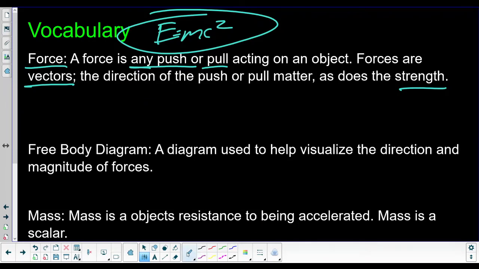As an aside, this is not the correct equation. There's actually a gamma in there that no one talks about, but that's for another day. So the equation for force is F equals ma, or mass times acceleration.